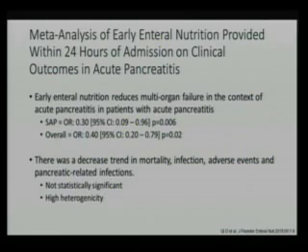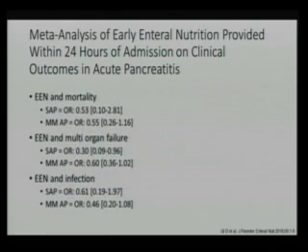I mean, it's pretty good. And there is a decrease then in mortality, infections, and adverse events. And then they put this fancy table saying, well, early enteral nutrition and mortality, how does it go? Well, specifically for pancreatitis and mortality, it decreases mortality, multi-organ failure, and rate of infections.